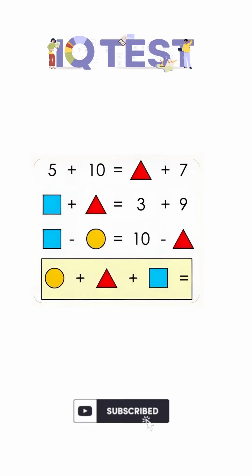Who can give us the answer for the yellow circle, the red triangle, and the blue square added together?